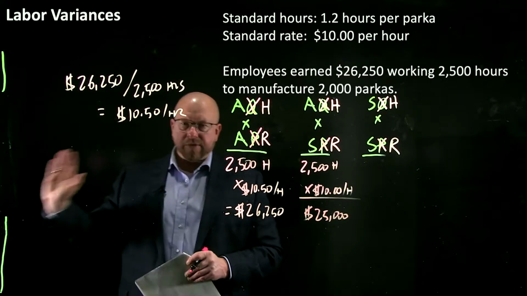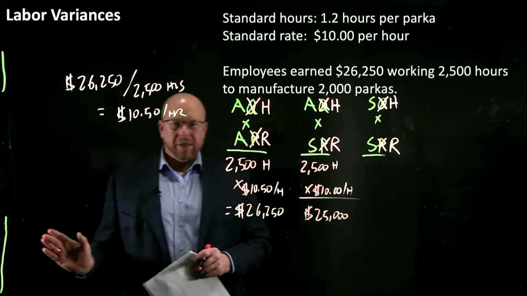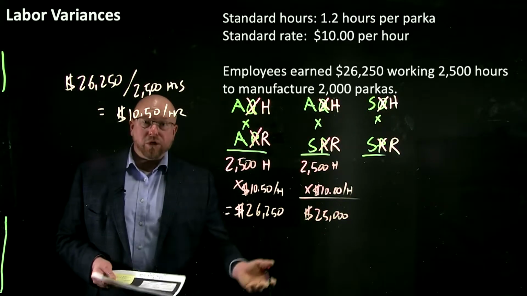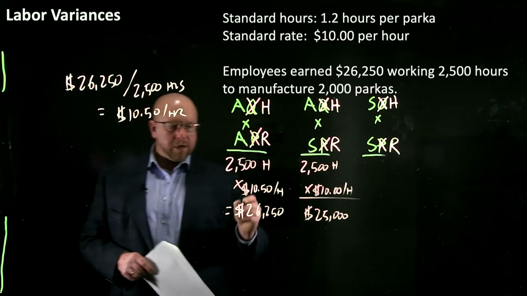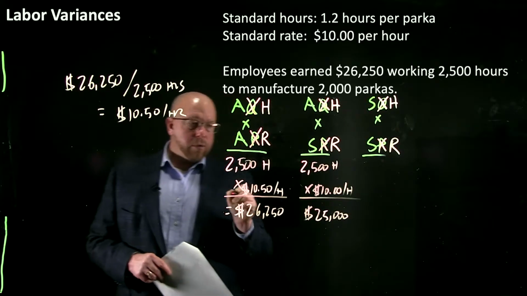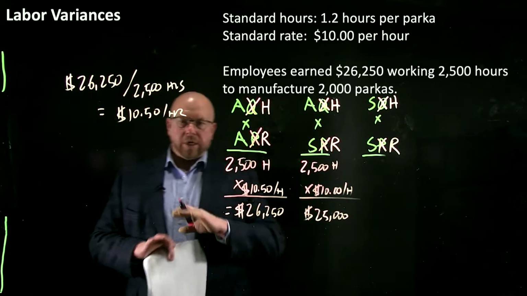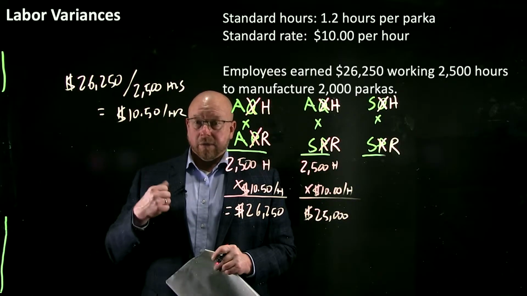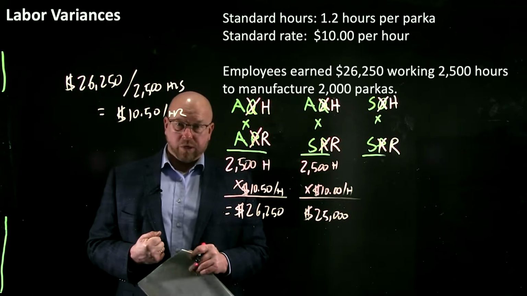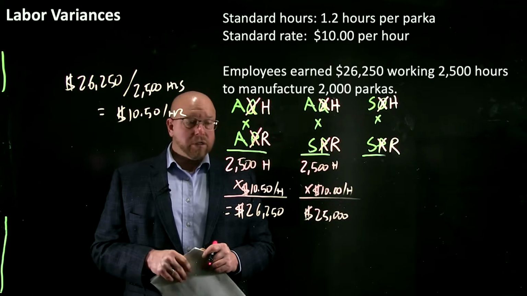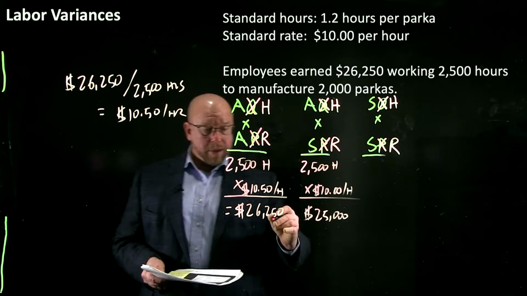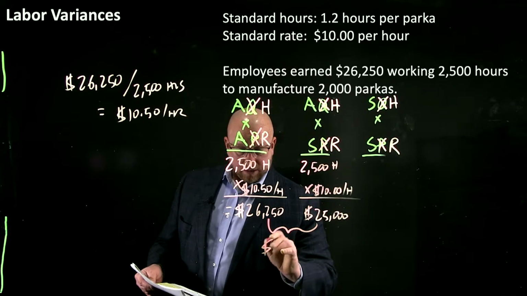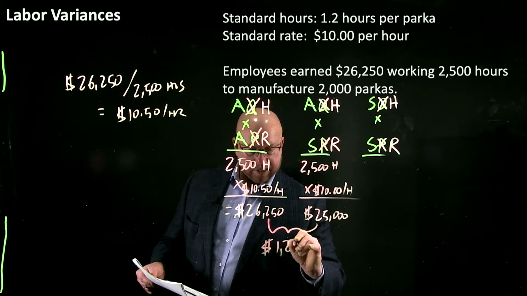Try to disregard the fact, I know that you might be thinking, seems like they worked the wrong quantity of hours, maybe too many hours. Try to keep that out of your mind for now. What we're trying to do here is saying, regardless of whether or not you're supposed to work 2,500 hours, employees actually did work 2,500 hours. So let's figure out the dollar impact. And the dollar impact is going to be the difference between these two right here. And that comes out to $1,250.